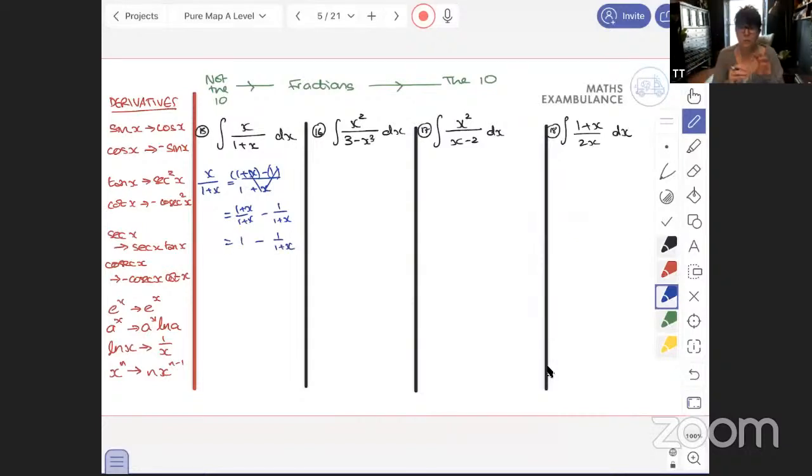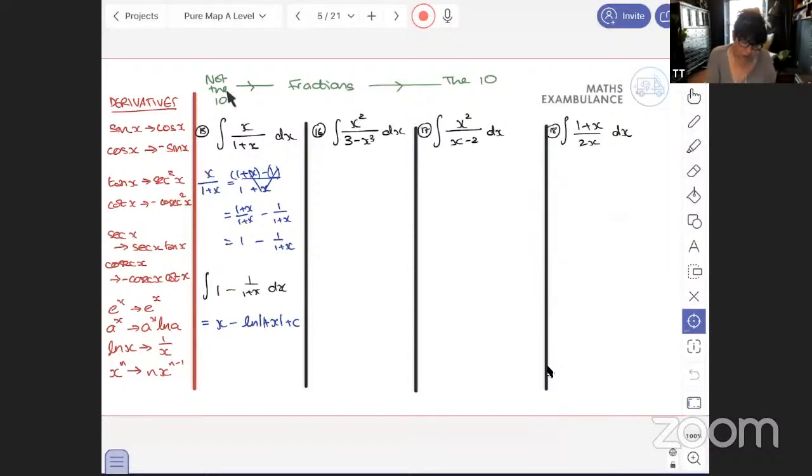Fiddly little algebra trick. Now I can do it. Now it's 1 over 10. Done. But this is the thing, what we're doing is turning not the 10 into the 10. So you have to be really good at the 10 so that when you end up there, you're like, boom, done. Has to be super duper easy.